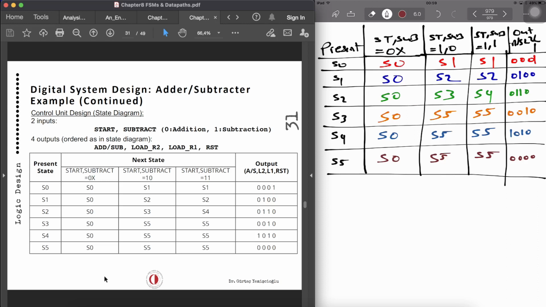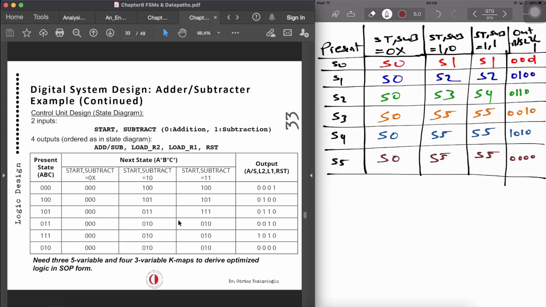When we consider an ordinary binary assignment or a gray code, how many flip-flops do we need, and how many maps do we need to generate in order to simplify it? If we are using ordinary assignment or a gray code, we need a 5-variable and 4 3-variable k-maps to derive optimized logic in sum of product form. Now, this is quite complicated and it will take ages to implement or optimize.